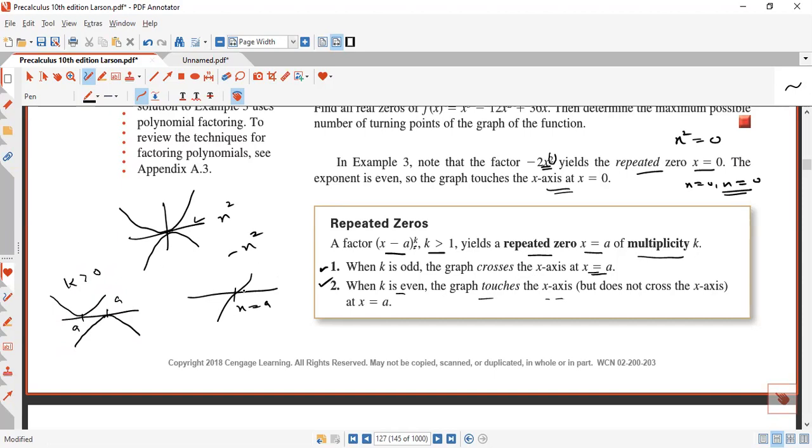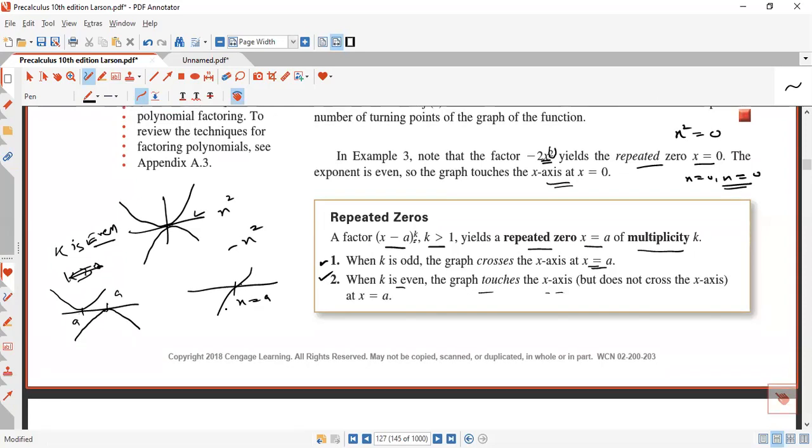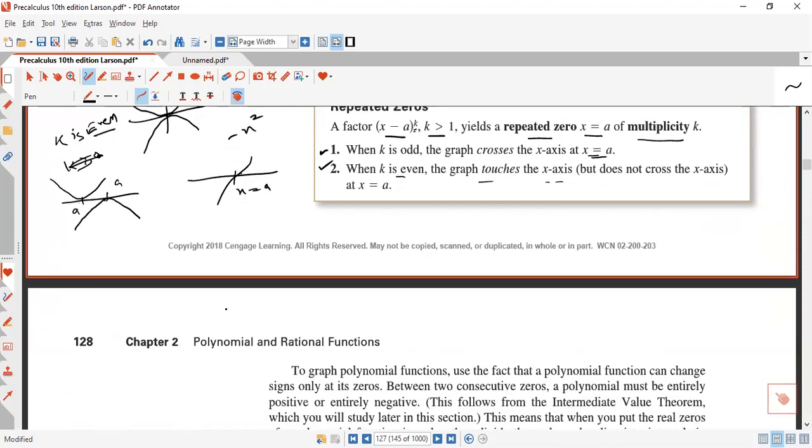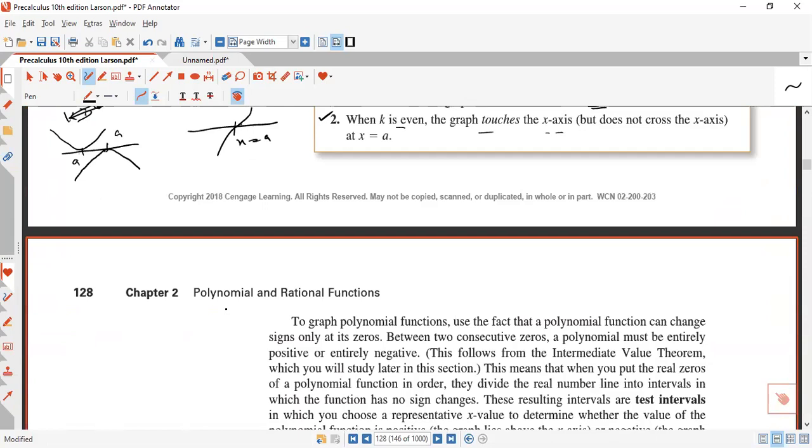These are known as x-intercepts. But at an x-intercept, sometimes the graph will pass through if k is odd, and if k is even, then it will touch the x-axis. But if k is odd, then the graph will pass through the x-axis.